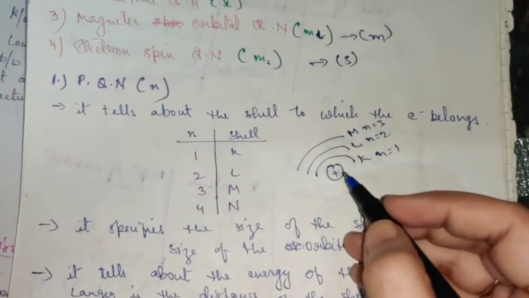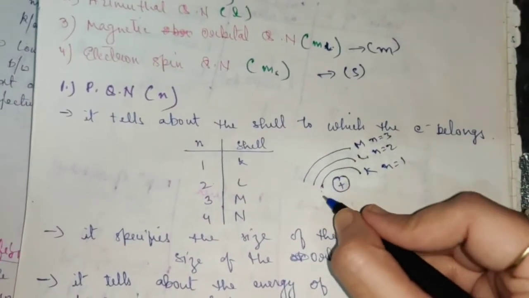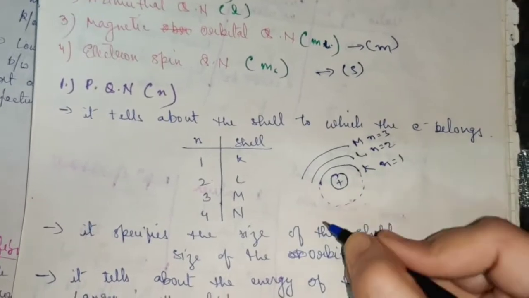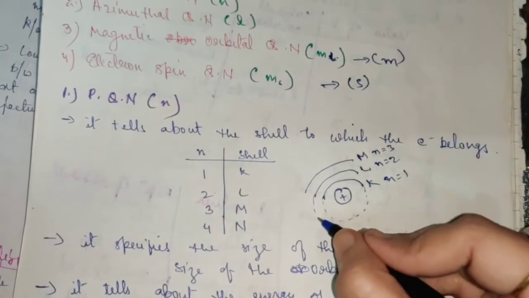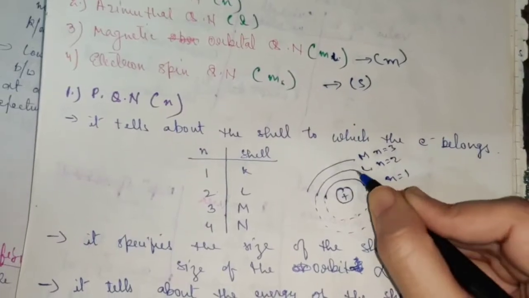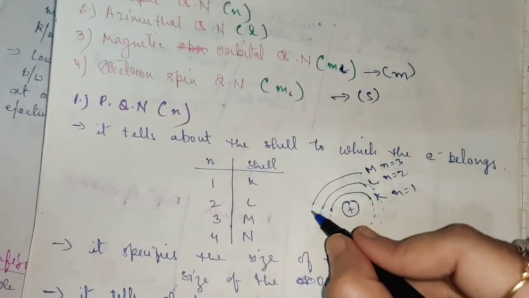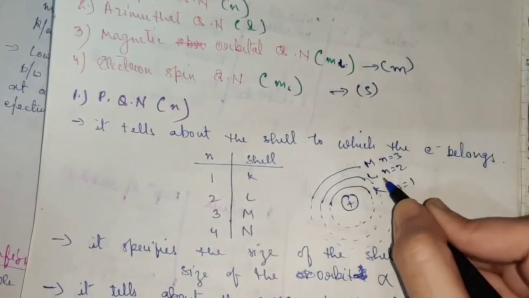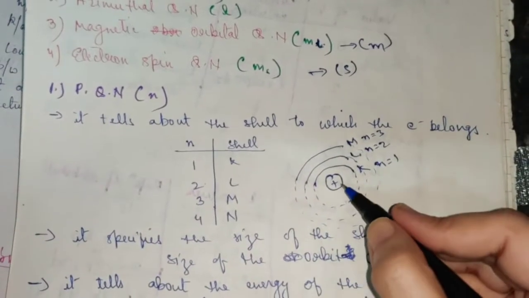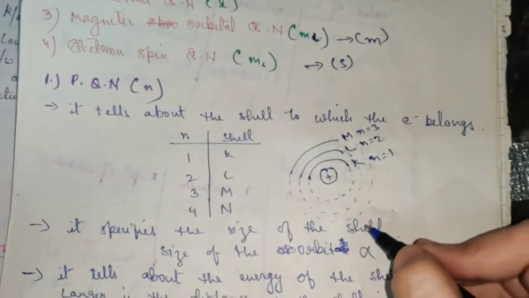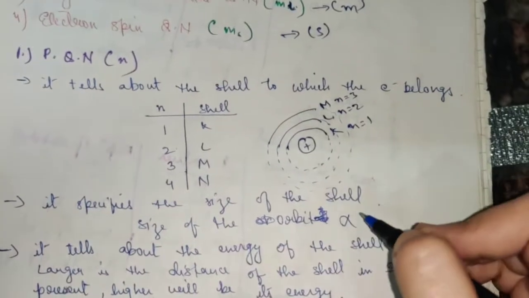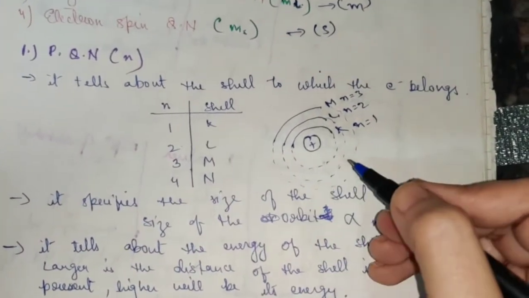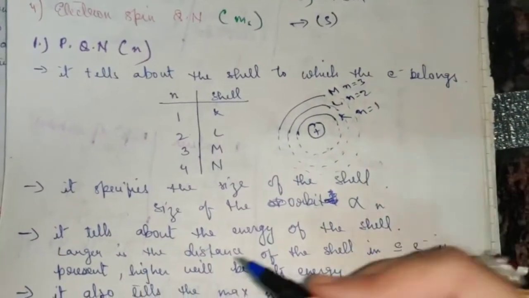You can see here, suppose this is the nucleus, this is shell number 1. This radius is only this much, and if you compare it to the second one, obviously the radius is increasing. Similarly, if you compare it to the third one, the radius is increasing. So as you are going away from the nucleus, the value of n is increasing. So obviously the atomic radius is increasing, which means the size is increasing.